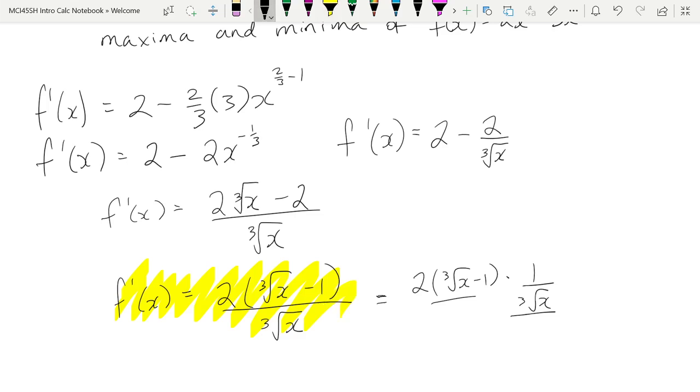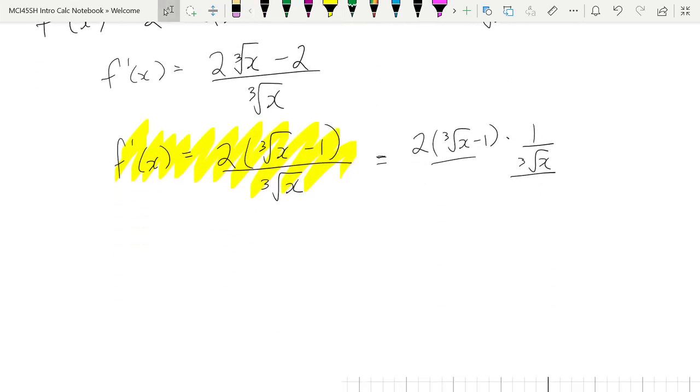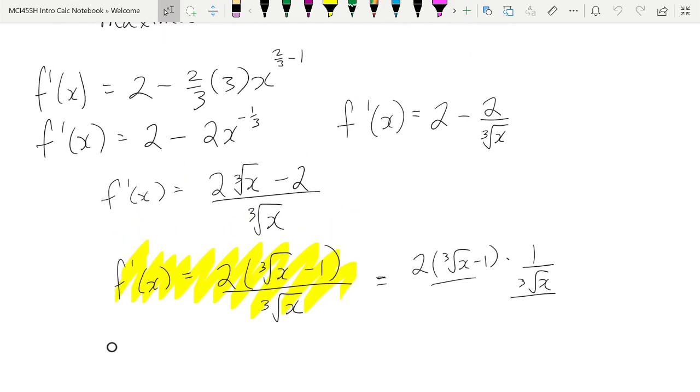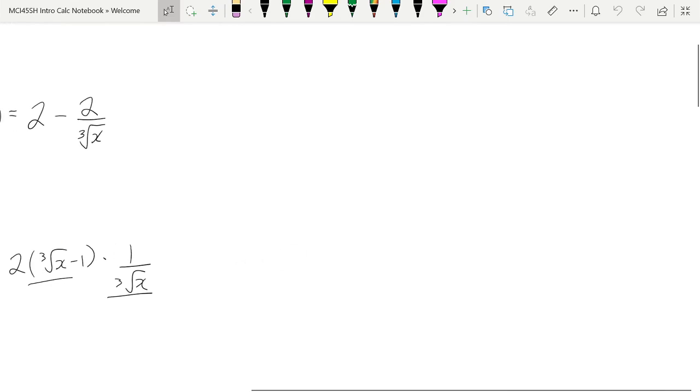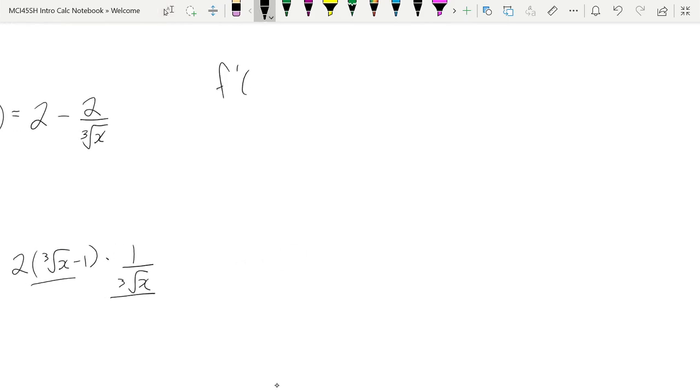So the first step, of course, is to set it to 0. If we set this thing to 0, I'm going to maybe move over because my graph over here is kind of already coming out. So, let me recopy that. f prime of x is 2 times the cube root of x minus 1 over the cube root of x. And what do I know?